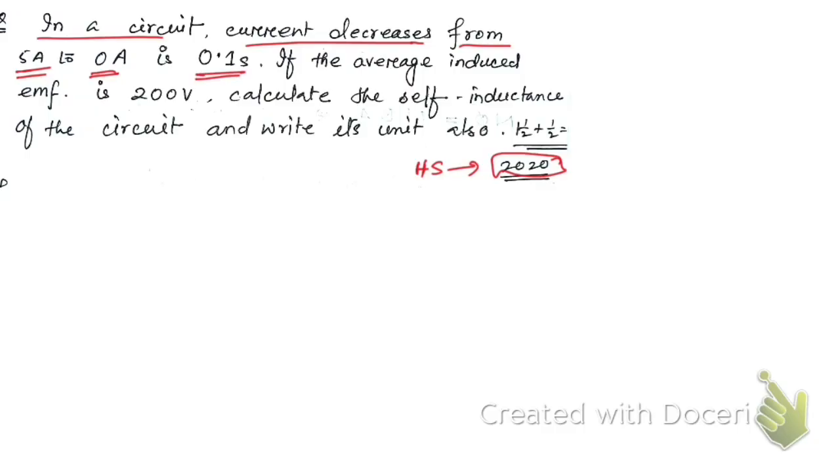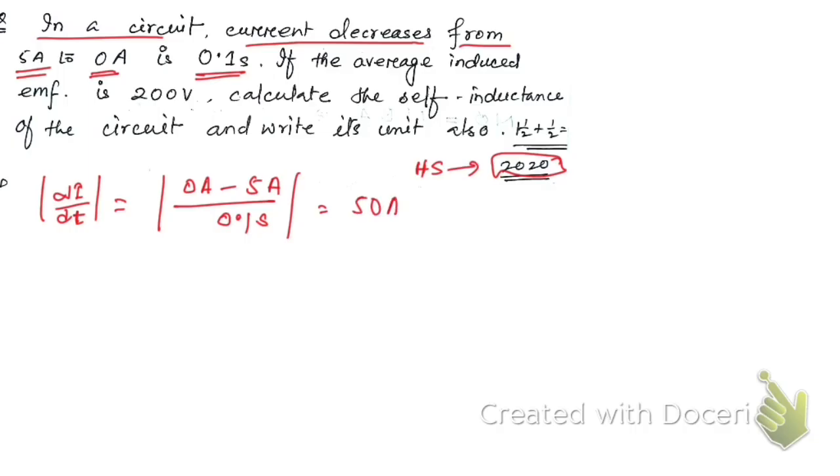So the rate of change of current, taking its magnitude, mod of di by dt, is 0 ampere minus 5 ampere, because it decreased from 5 to 0, so final current minus initial current, divided by the time taken, that is 0.1 second. So it's 5 by 0.1, that means 50 ampere per second.